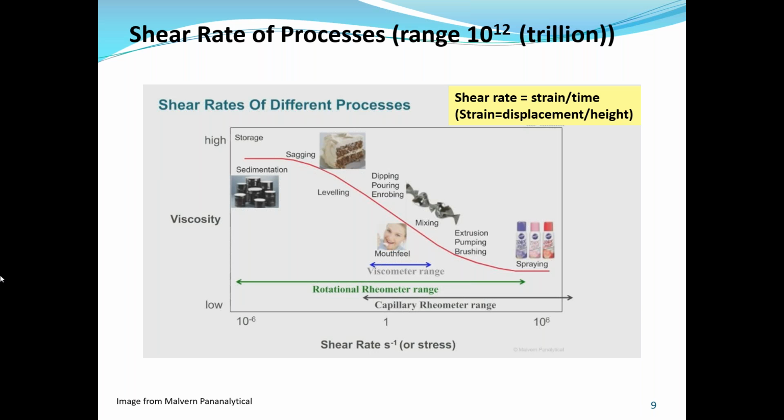And that's assuming your sample is not changing inherently over that time due to loss of volatiles or curing or something like that. That's a good question. The other thing, if that's a problem, you could put less sample on, and that would be by either using a smaller geometry or a smaller gap.